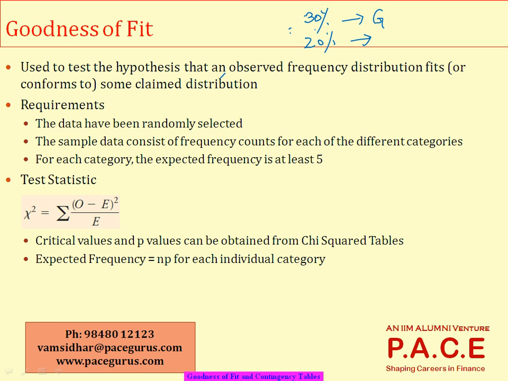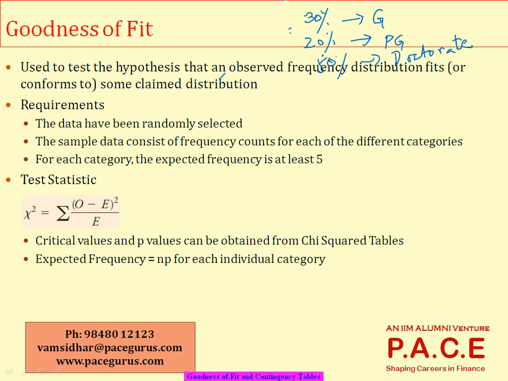I'm making a claim that 30% of them will be graduates, 20% of them will be postgraduates, and the remaining 50% of them will be PhDs, doctorates. This is the claim which I have.